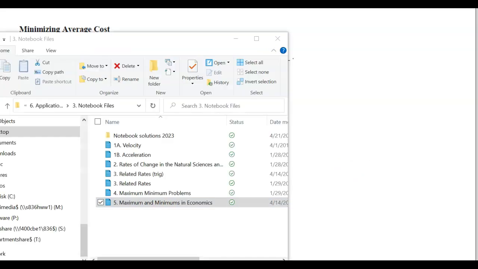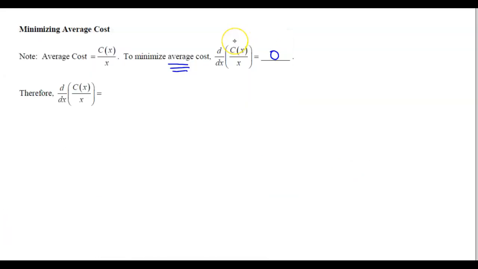So let's think about taking the derivative of that. It's the quotient rule: denominator times the derivative of the numerator minus the numerator times the derivative of the denominator, all over the denominator squared.